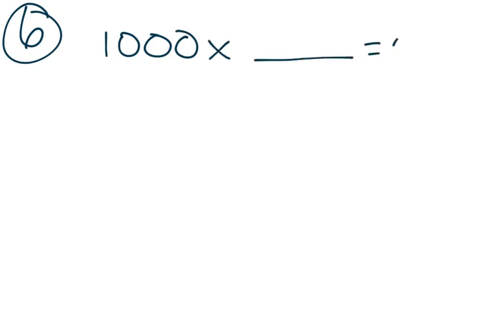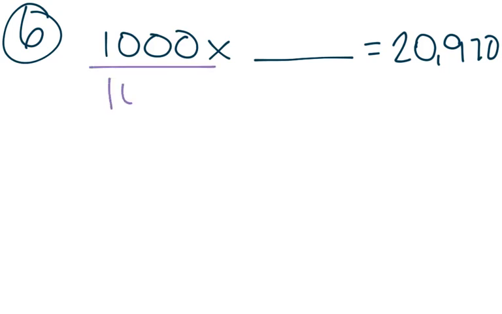Sorry, number 6. It says 1,000 times blank equals 20,970. So this here is our blank. We need to get it by itself so we can solve for it. So we are going to divide by 1,000.